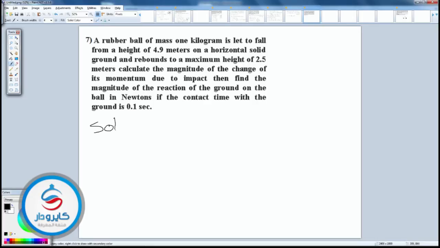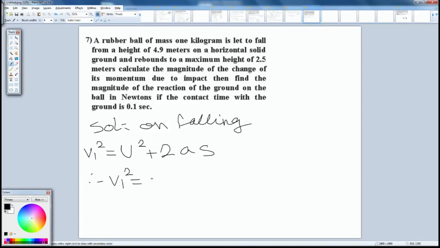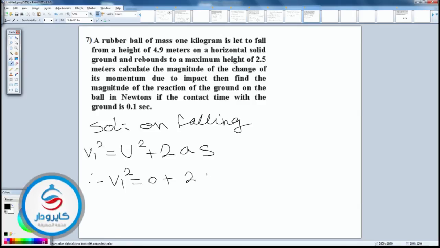Solution. On falling, V1 squared equals U squared plus 2AS. Therefore, V1 squared equals 0 plus 2 by 9.8 by 4.9.